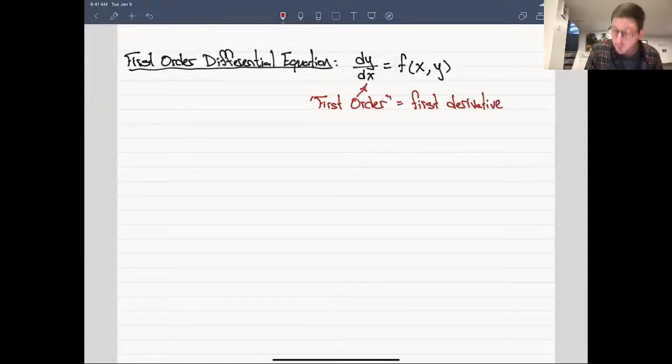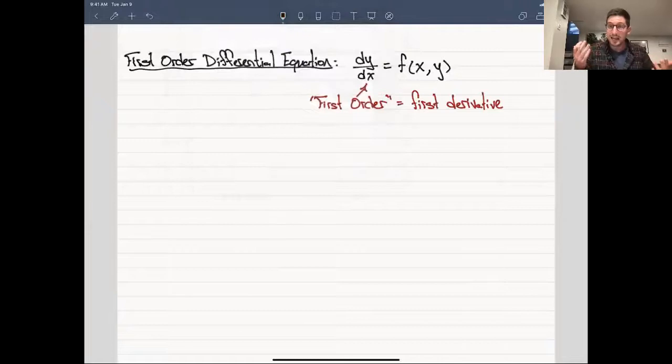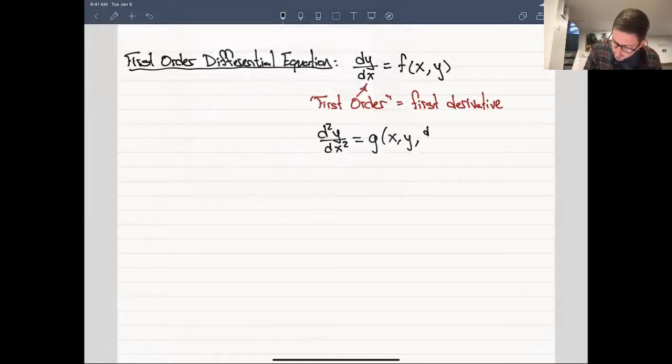So for example, I could instead give you what's called a second order differential equation, which would be a function, say, for the second derivative. So in this case, it could be, let's call it g, so we don't confuse anyone, some function of x and y, and maybe even it includes the first derivative.